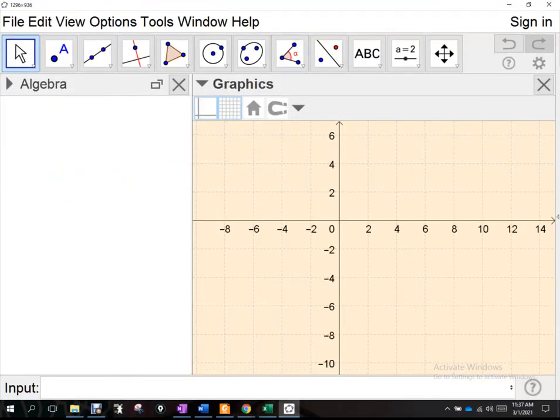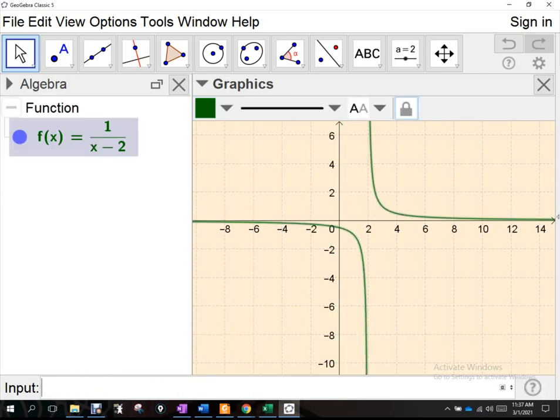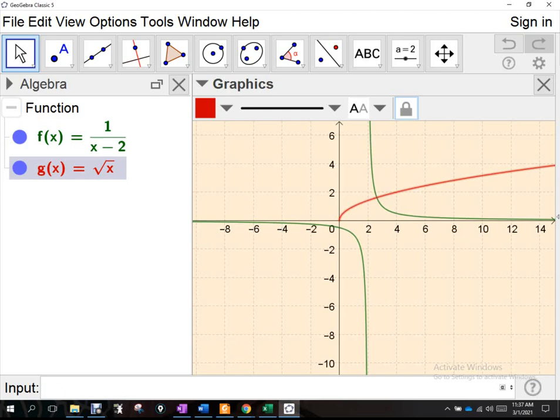If F of X equals 1 over X minus 2, that's that graph, okay? If I go G of X, which equals square root of X, that's that red graph, okay? Remember, if I do division of these two things at some particular number like 4, I'd be plugging 4 in here, plugging 4 in here, and then dividing those values.